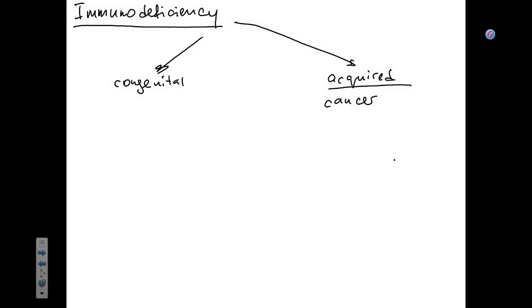Based on type 2 diabetes? Well, in type 2 diabetes you actually have high blood sugar, but you have systemic inflammation. So your immune system is definitely affected.